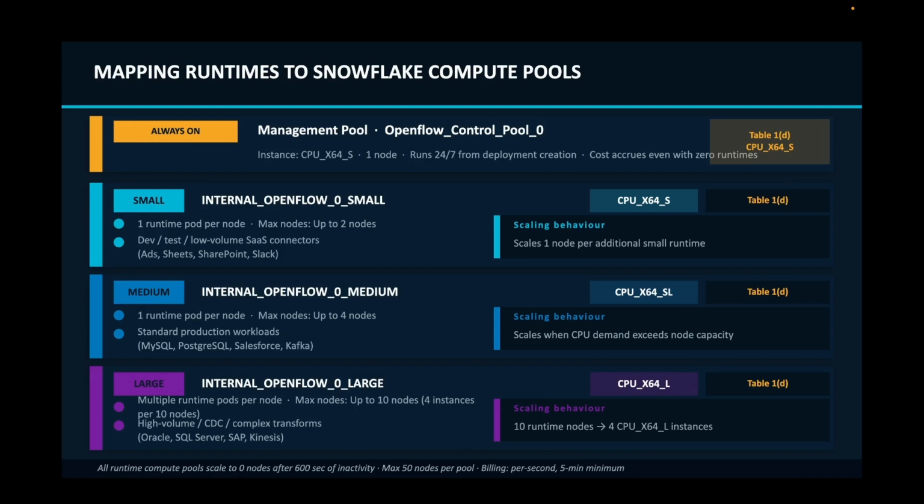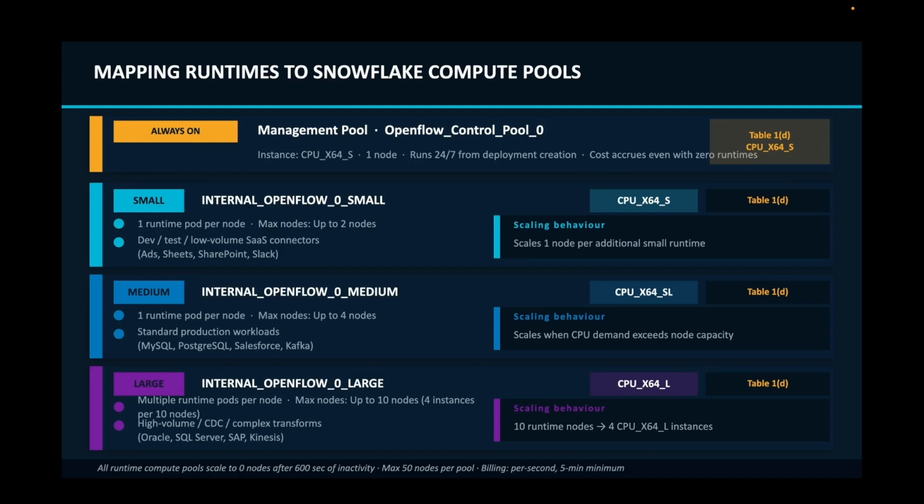Let us see the medium runtime size. It is one runtime pod per node, and it can go up to a maximum of 4 nodes. So if you want to scale beyond 4 nodes, you have to create a second runtime for medium. This is for standard production workloads.